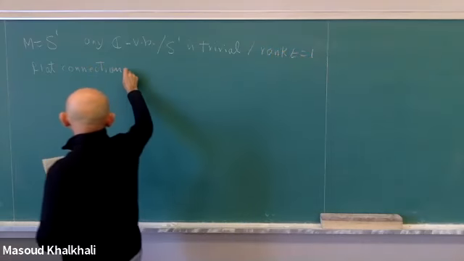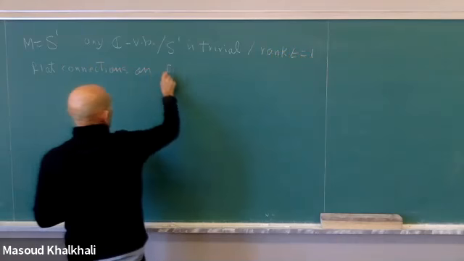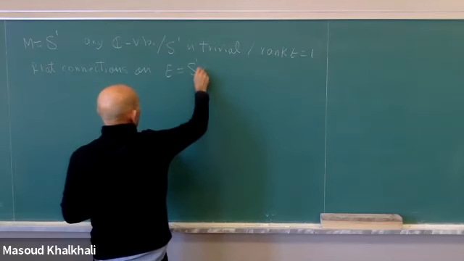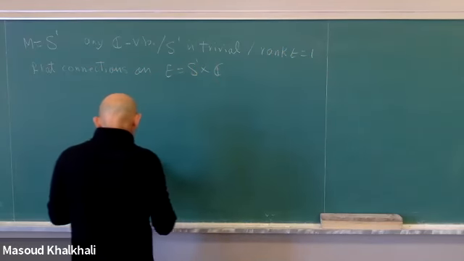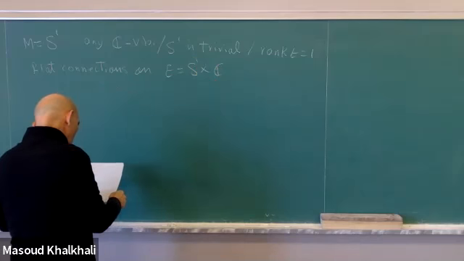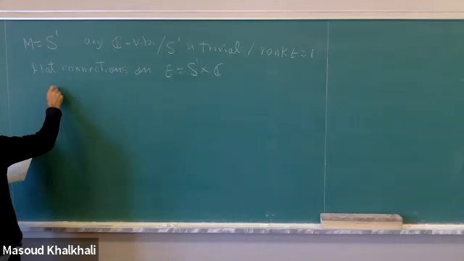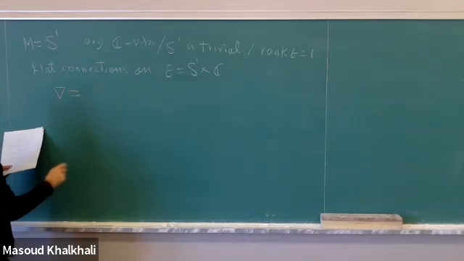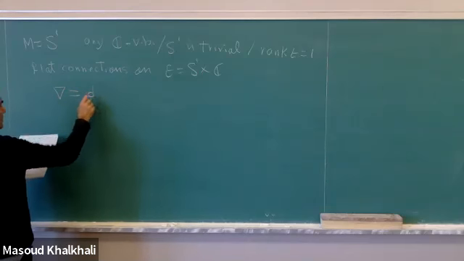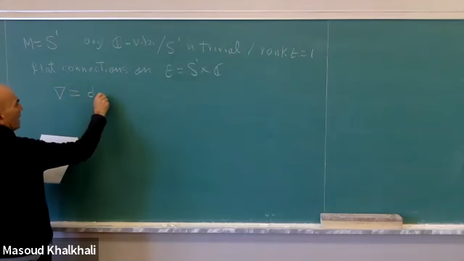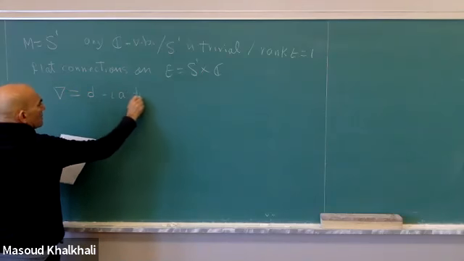Flat connections on E equal to S1 times C are of this form: nabla equal to d, the usual derivative, minus iA d theta.